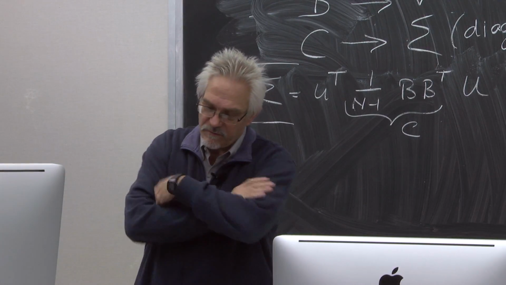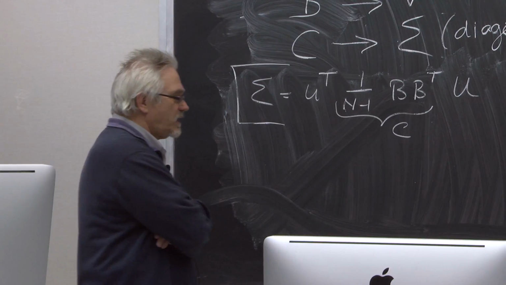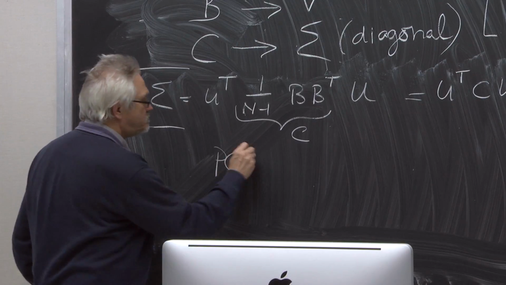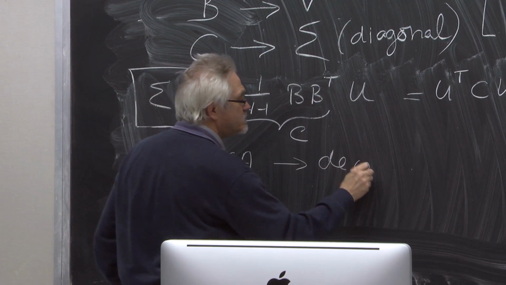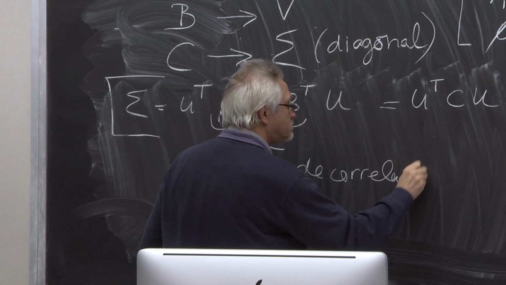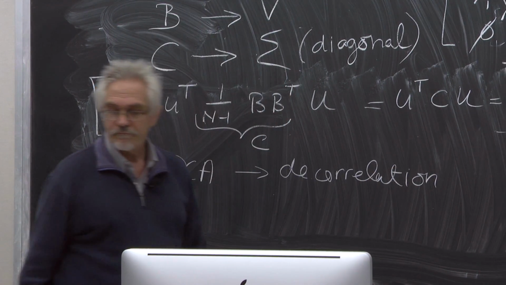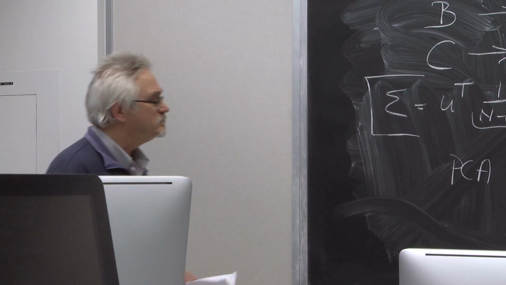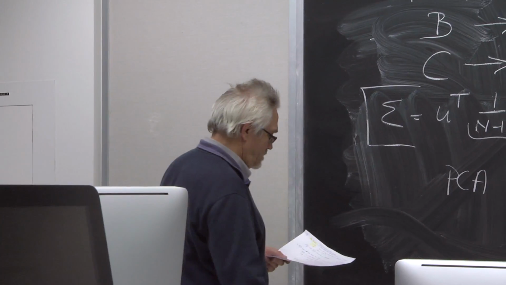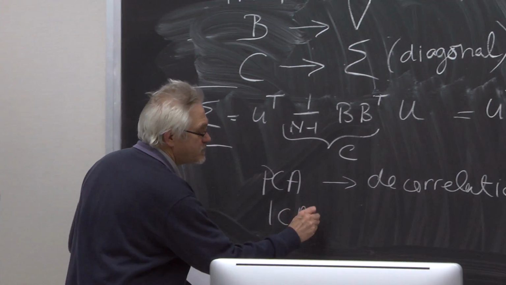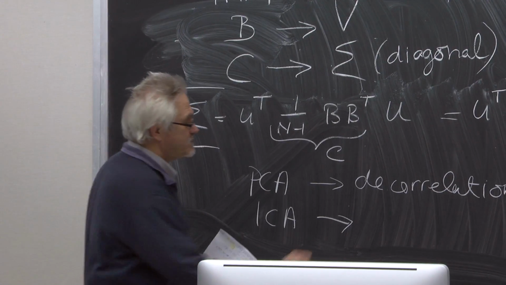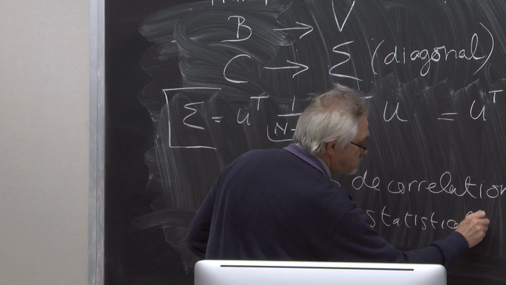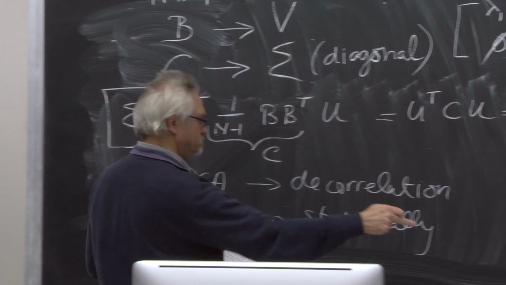Good. So what we did with PCA is basically we decorrelated the data. PCA is decorrelation. ICA goes a little step further because now we want to have the components statistically independent.